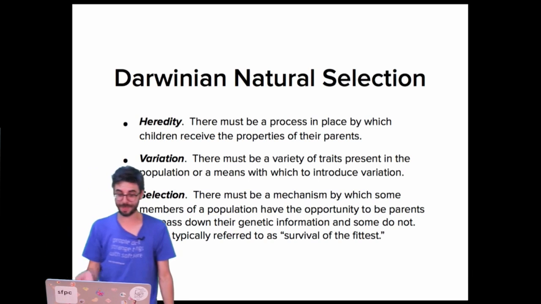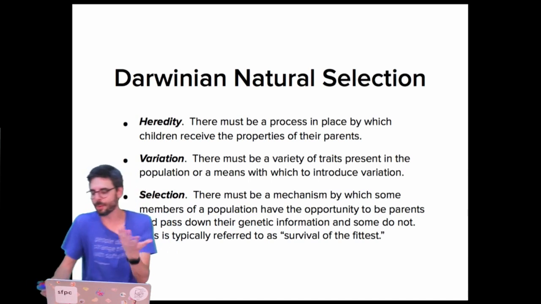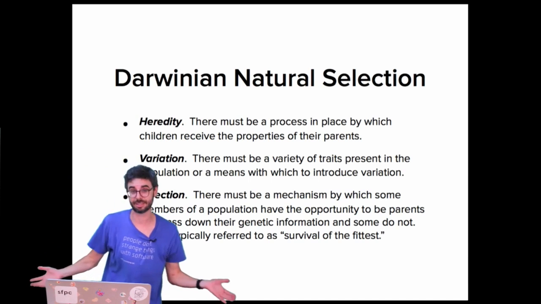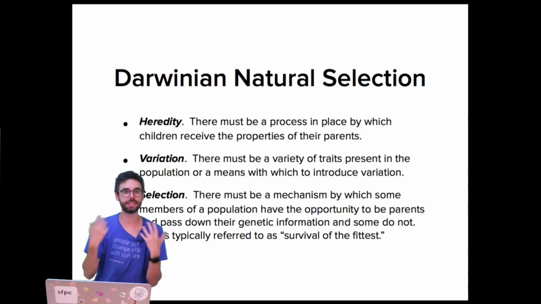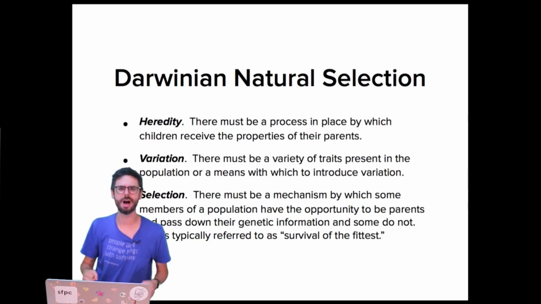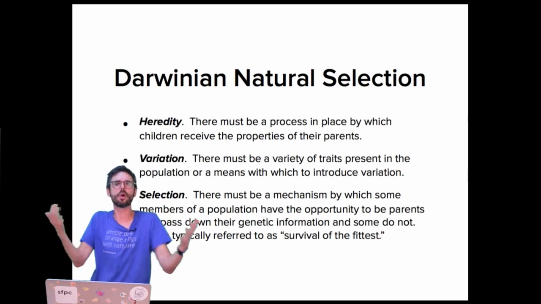I should just read this to you. Mechanism by which members of the population have the opportunity to be parents and pass. So this is, by the way, typically referred to as survival of the fittest, right? This idea of fitness will play a big role in the genetic algorithm. And fitness will actually become a mathematical function, which is somewhat absurd and not how things work in the real world.